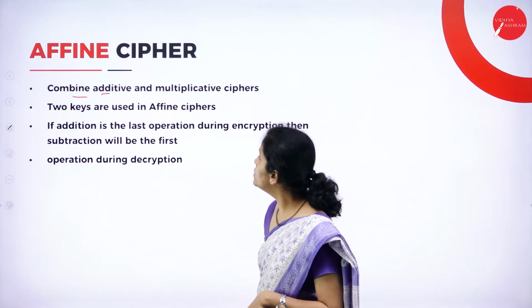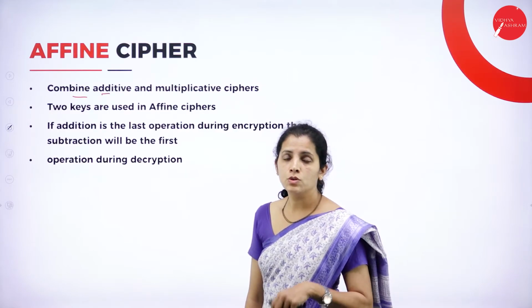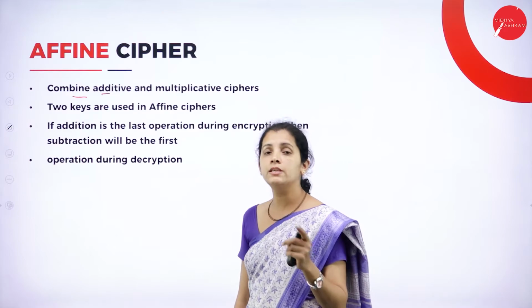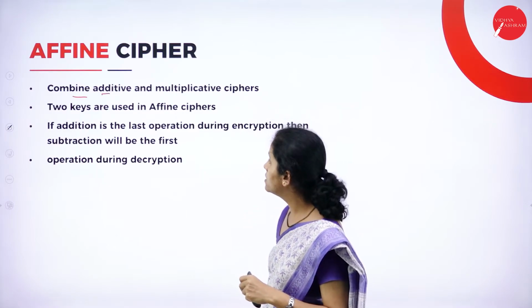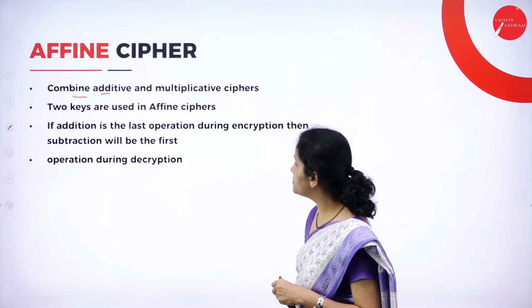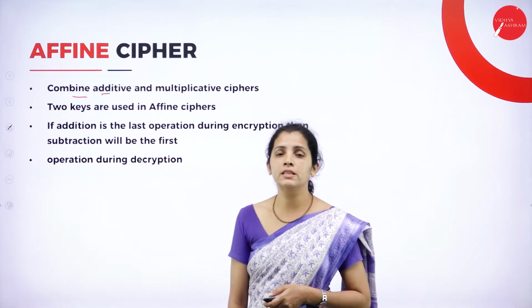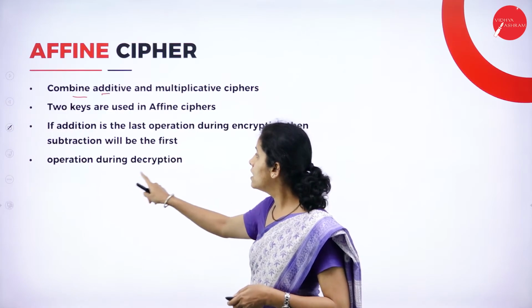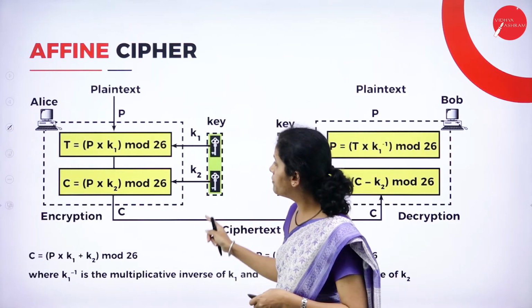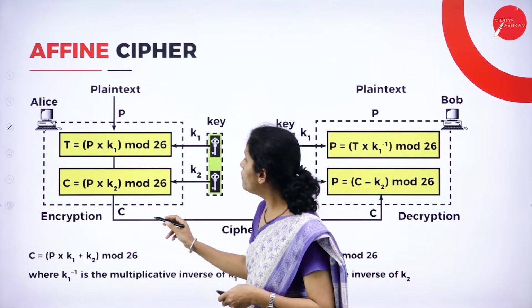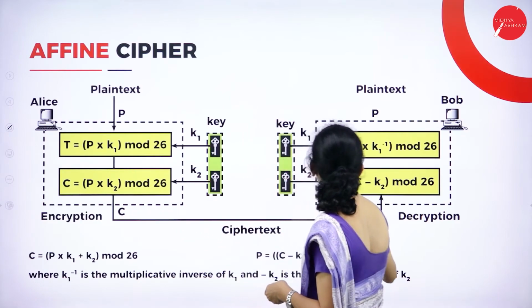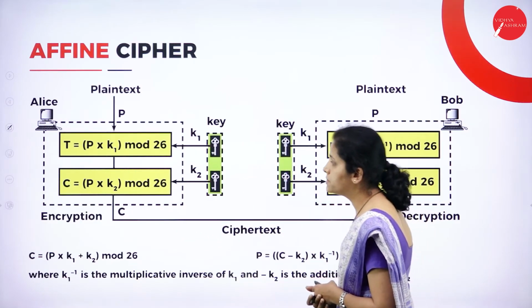Two keys are used in affine cipher. So here also we are going to use two keys, one for encryption and one for decryption. If addition is the last operation during encryption, then subtraction will be the first operation during decryption. That means if I'm going to perform addition, then here I'm going to perform subtraction.